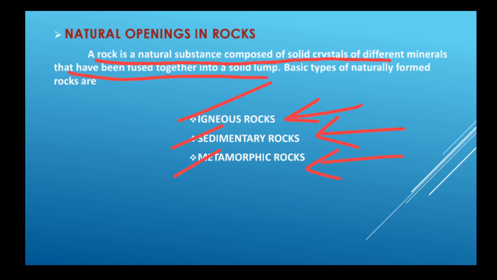Sometimes granite is also considered a metamorphic rock, because these are combinations of sedimentary and igneous rocks. So these are the different types of naturally formed rocks: igneous rocks, sedimentary rocks, and metamorphic rocks.